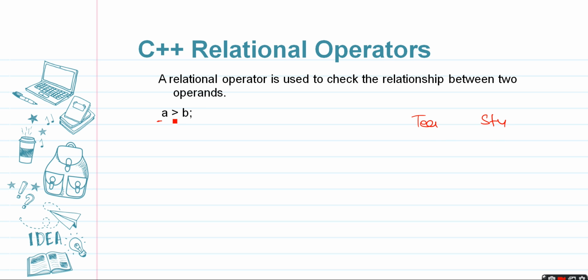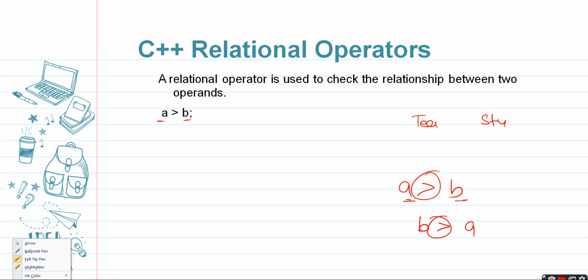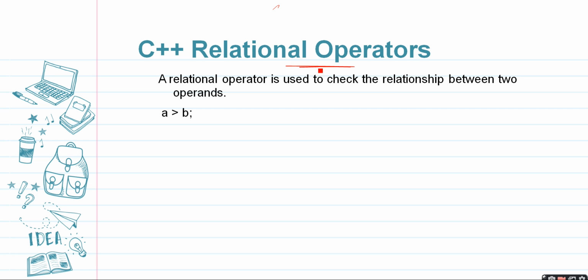Like if I have a relationship with you, I am your teacher and you are my student. In the same way, if a and b have some relation, if a is greater than b, or b is greater than a, we are applying some conditions. So relational operators are used to check the relationship between two operands.